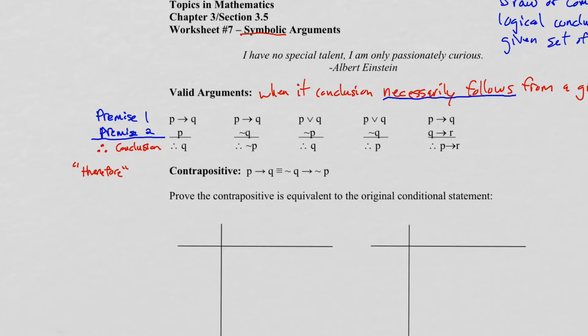So to read the first one, it says if P, because of the arrow, one directional, if P then Q, P therefore Q. All right, is this a valid argument? And what this is saying is that these are, yes indeed, all valid arguments.